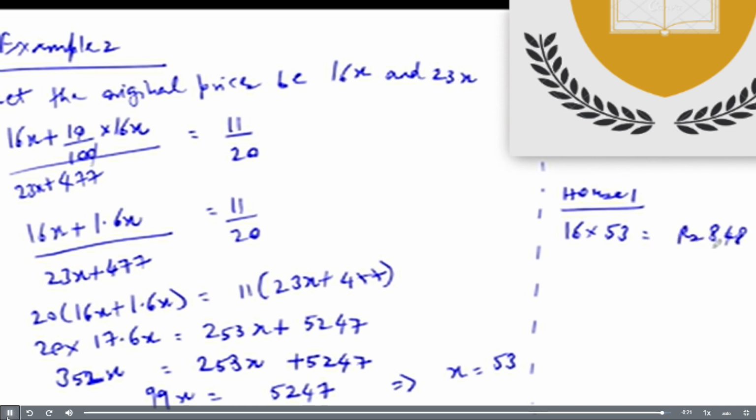The second house is 23 into 53, which is equal to 1219. This is the answer.